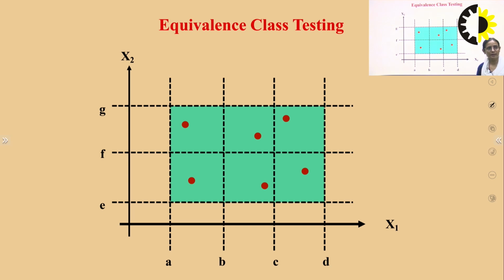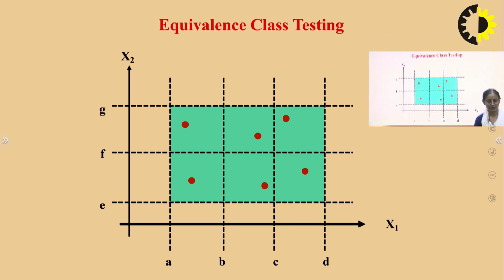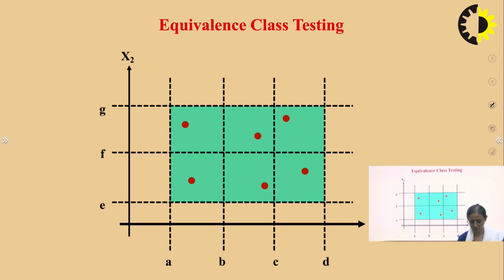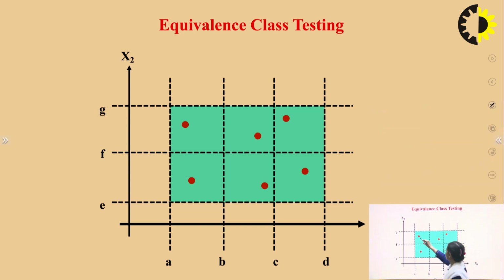So, what does equivalence class testing say? It says that you partition your sets, and from each set you select a sample, and it acts as a test case. If my output is valid for this sample, then automatically for any sample present in this class, it would be a valid answer.